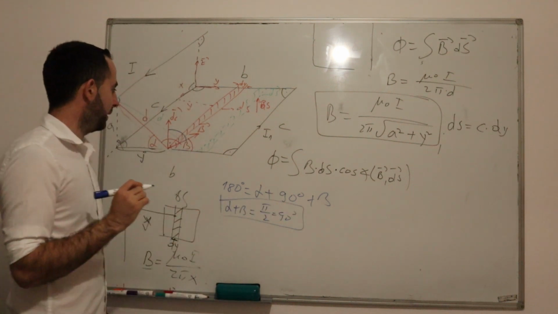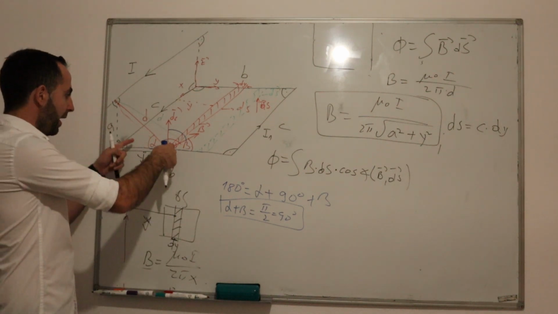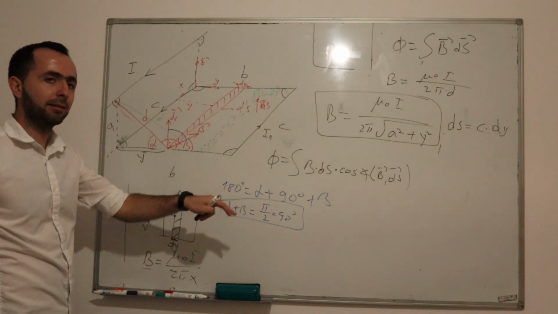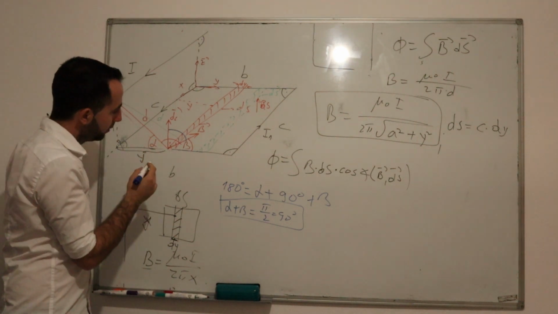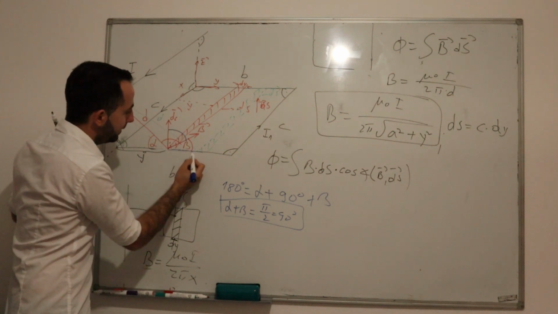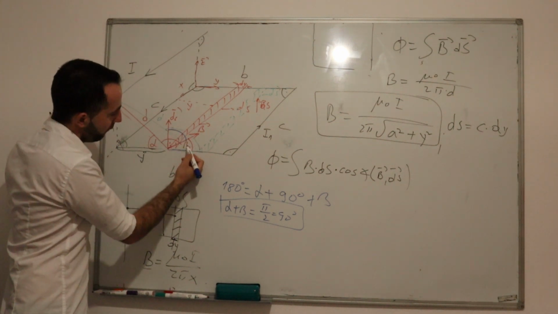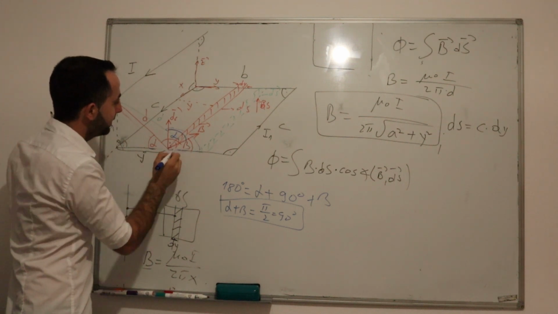But what does this mean? It means that for every part here, alpha plus beta is 90 degrees. But where do I have 90 degrees? I have a 90 degree angle here, as you can see, with dS. So if this is beta, it means that this is alpha.